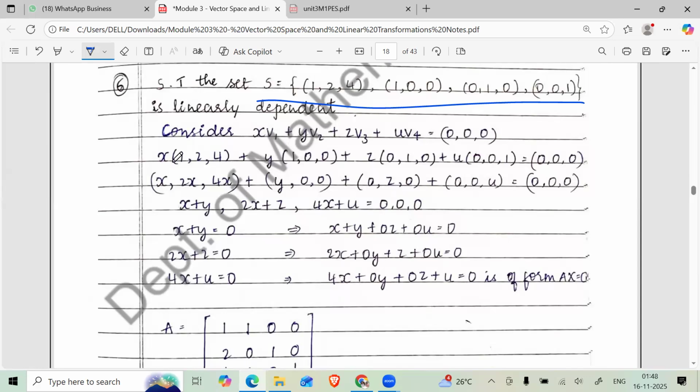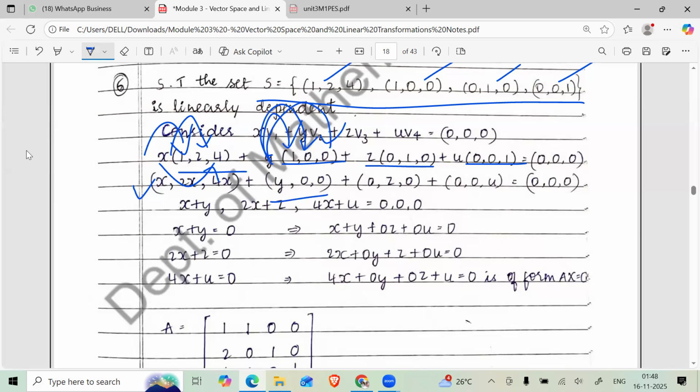So till now, we only had what? Three variables, X, Y, and Z. But how many terms are there here? 1, 2, 3, 4. 4 are here. Correct? So X, Y, Z, and U respectively. So X into 1, X, X into 2, 2X, X into 4, 4X, Y into 1, Y into 0.